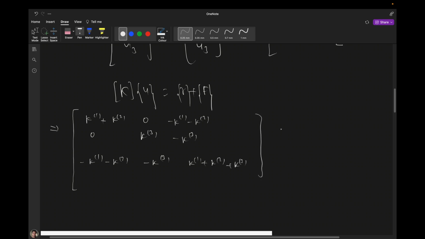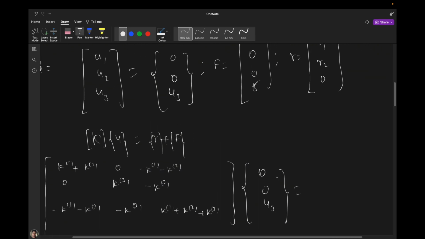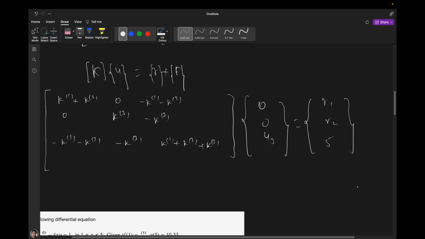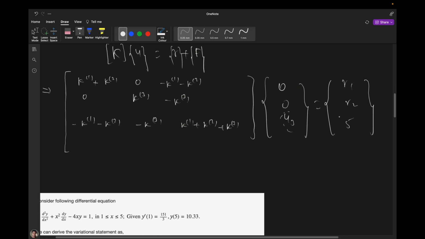Okay, and we already saw that the nodal displacements are 0 0 u3, and when you add these two forces, then you will get R1 R2 and 5. Now you can see that we have three unknowns, u3, R1 and R2, and we have three equations.